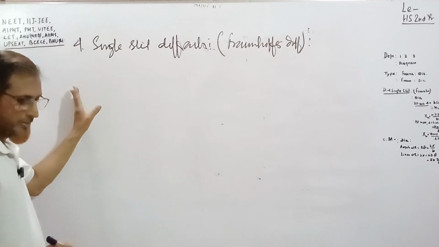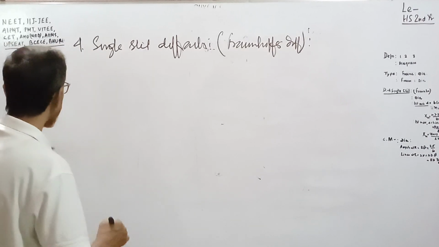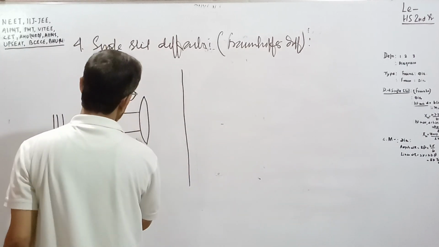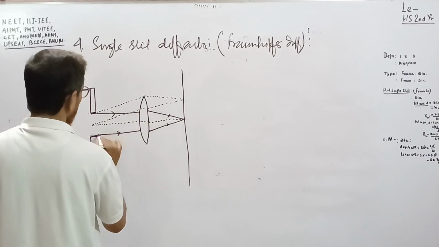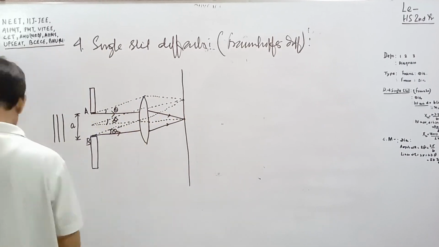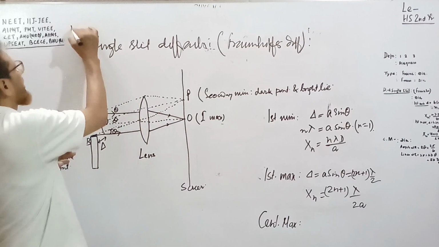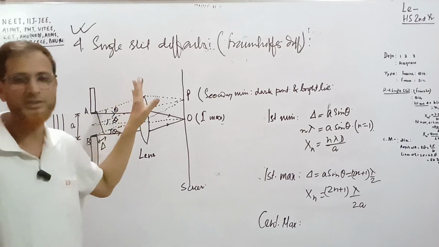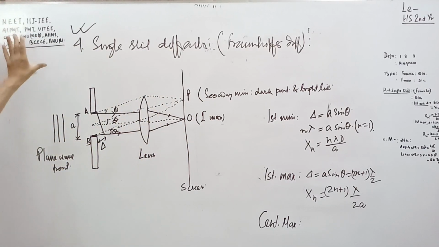Now what happens in this diffraction, it is a striking point, and questions are asked from it each and every time in entrance exams like NEET, JEE, IIT and lots of other exams.